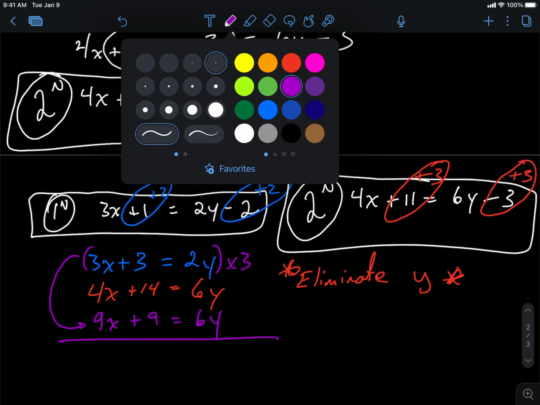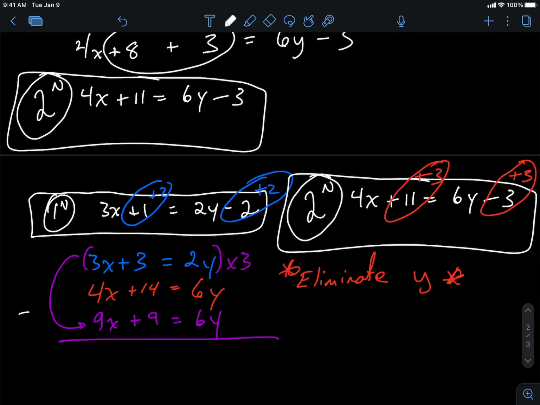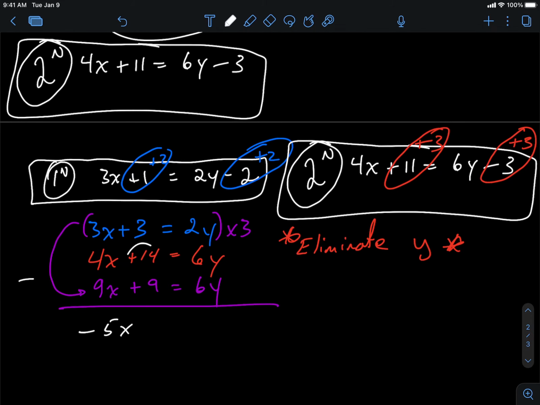Well, if I subtracted these two equations now, I'm going to have 4 take away 9. That's going to be negative 5x. And then I'm going to have 14 take away 9. That's going to be 5. And then we have 6y take away 6y, well, that's 0 y's.